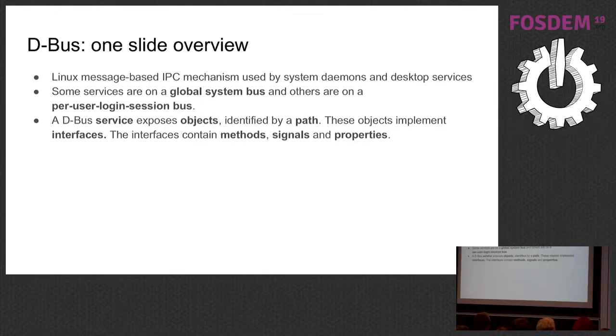And other services, like, for example, your clipboard, will be on a per-user login session bus. So these services expose their functionality as objects, and each object is identified by a path. And those objects implement interfaces, and the interfaces provide methods, properties, and signals. So it's a pretty object-oriented model.